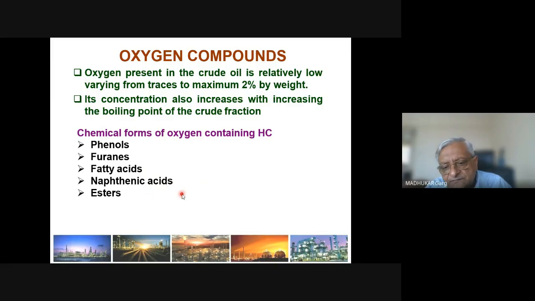So you have various kinds of oxygenated hydrocarbons. Generally, we don't like these in the final fuel oil, and they are removed. Generally, we use hydrogen to react with this oxygen so that it forms water and takes it out.